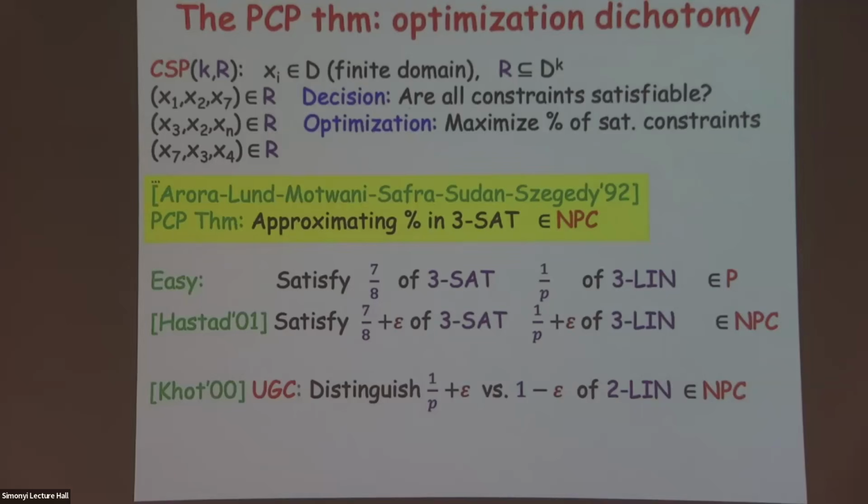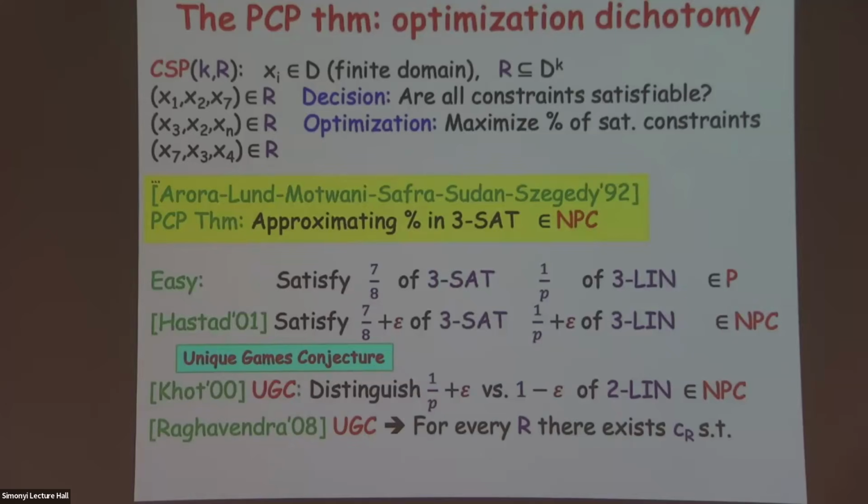We don't know this. Irit and her colleagues have a partial result. But we do know that if this is true, then we have a dichotomy theorem for approximation of a very strong form. So this is called the unique games conjecture, if you have this buzzword.